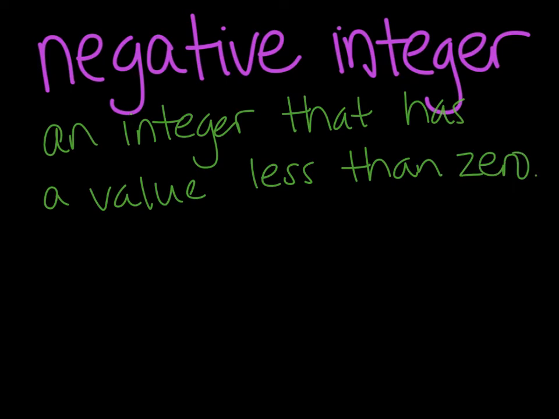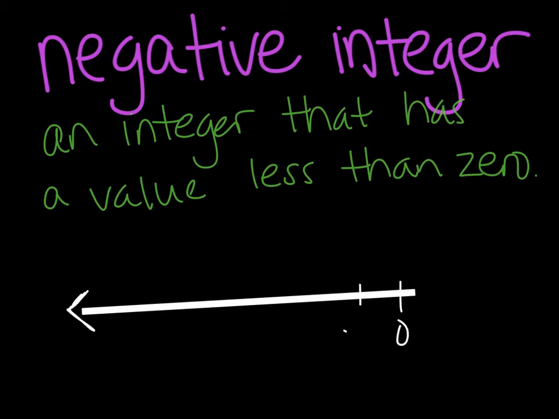So if we take a number line similar to the one on the previous page and show the negative integers, we have our 0 mark here, and then could record our negative integers to the left of 0. Notice that as they increase in numerical value, they're getting further away from our 0.